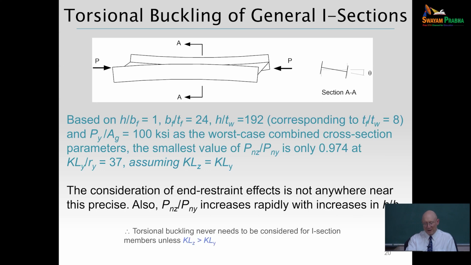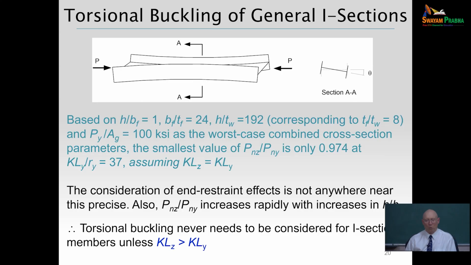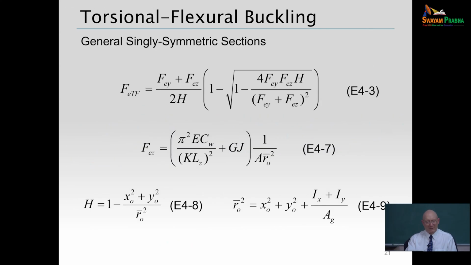So as a practical matter, that's basically the argument where the commentary of the AISC standard says if KLZ is less than or equal to KLY, then you don't have to consider torsional buckling. Just stick with flexural buckling in a doubly symmetric section. All right, if we have a singly symmetric section, we need to calculate the buckling stress for torsional flexural buckling.